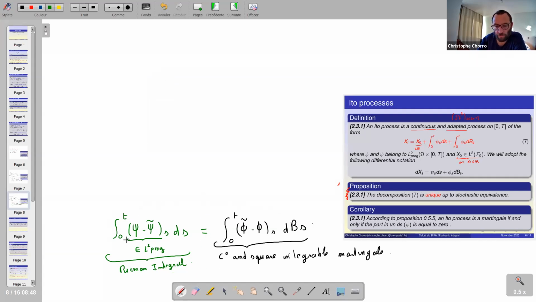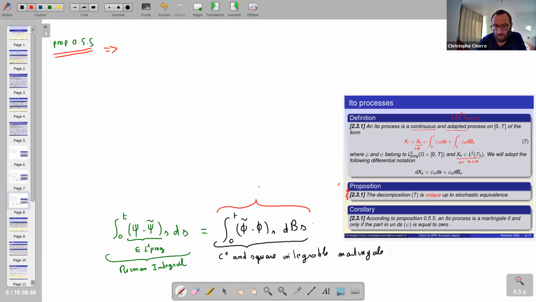And I deduce from this one, and from proposition 0.5.5 of chapter 0, that a continuous and square integrable martingale of this form, that takes the form of a Riemann integral, is necessarily indistinguishable from 0.